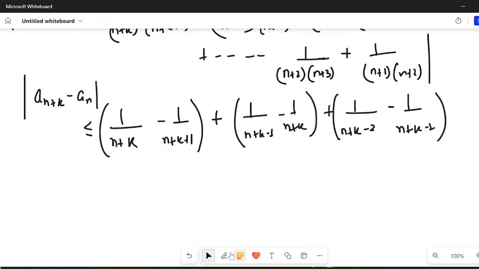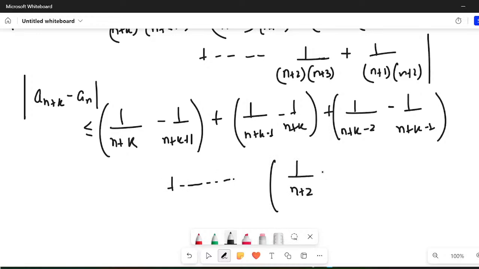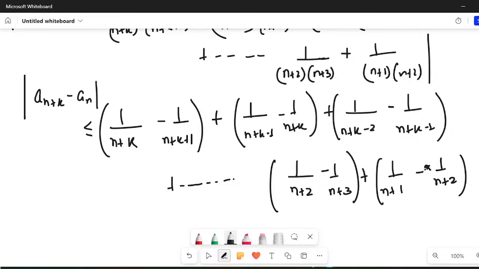Then add a few more terms in order to understand the cutting pattern, and then you're going to get 1 upon n plus 2 minus 1 upon n plus 3, and then the last term would be 1 upon n plus 1 minus 1 upon n plus 2. I guess till now everything is clear.